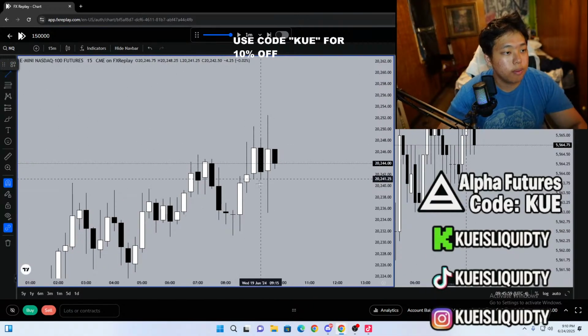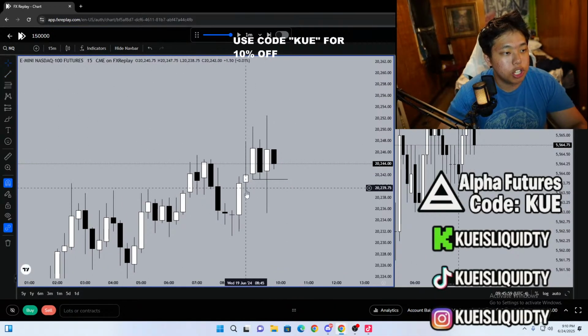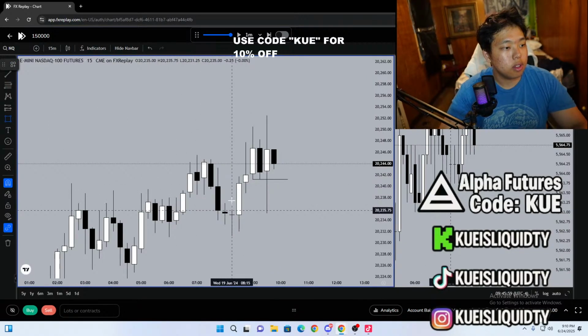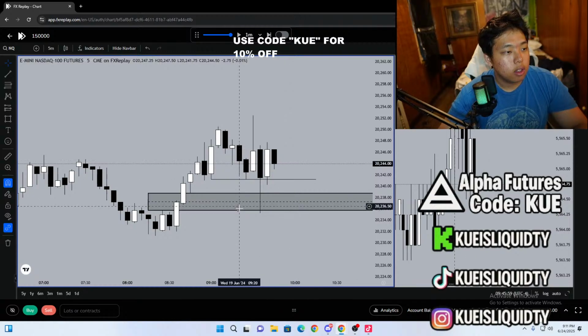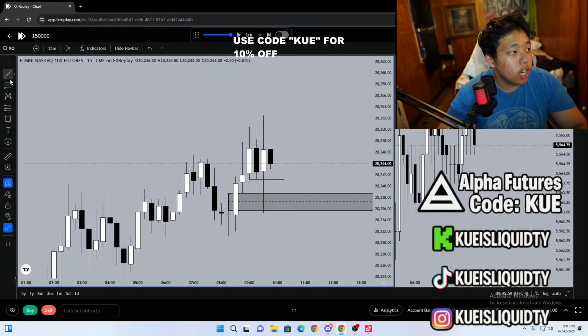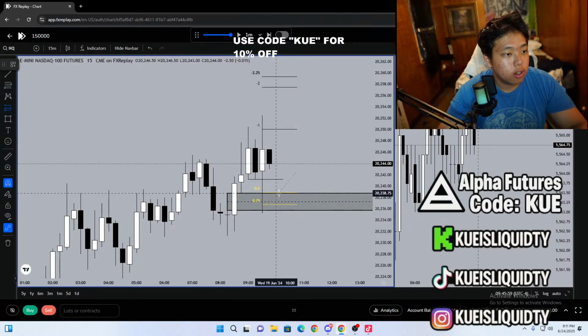See how we sweep out the low here? This is a nice rejection block, a PD array, a 15-minute fair value gap. This is the CRT low. You could enter at the 50% mark of this range and have a 10-point stop.